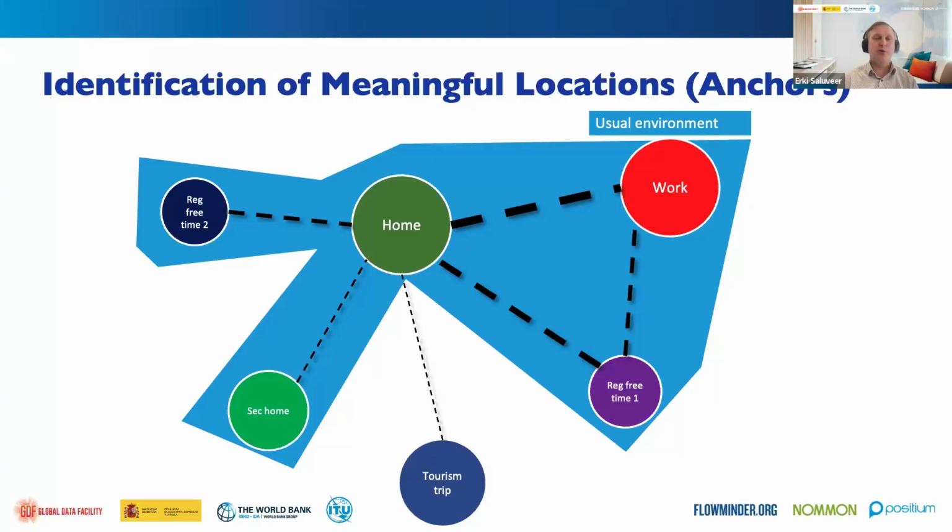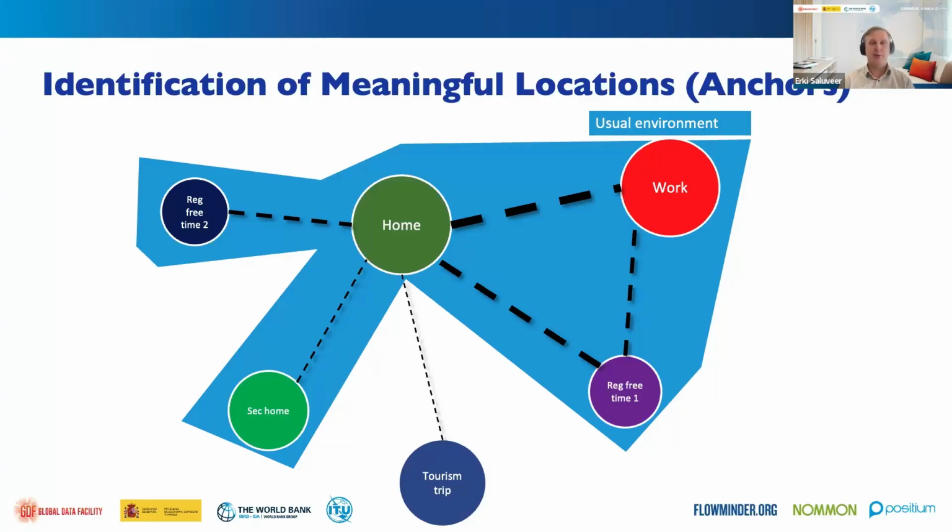When we detect the most meaningful locations for a person, we can also then define the usual environment. So the environment where a person usually stays, in home, work, their secondary home, etc. Why it is important is because through that we can detect domestic tourism trips. So when a person leaves the usual environment, that is by definition, according to tourism statistics, a tourist trip.